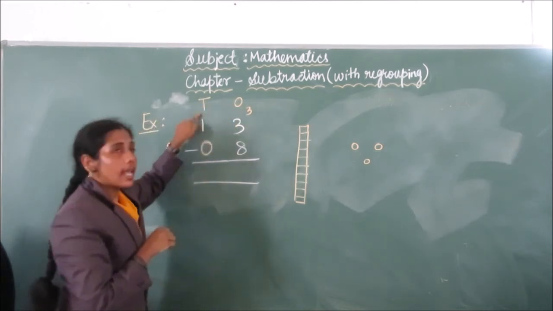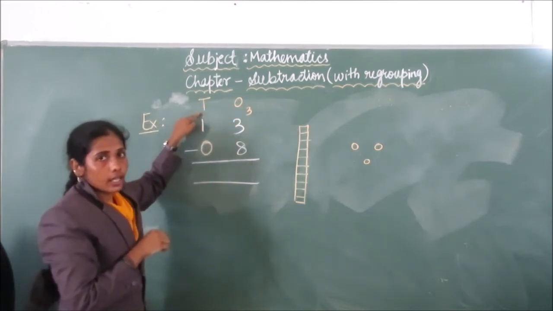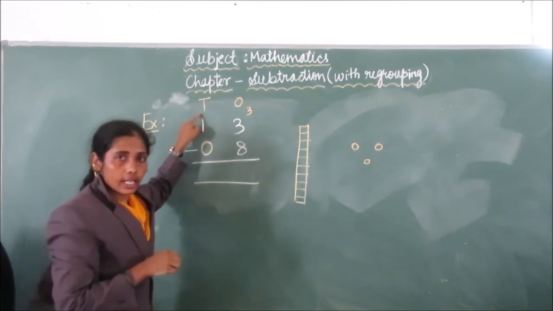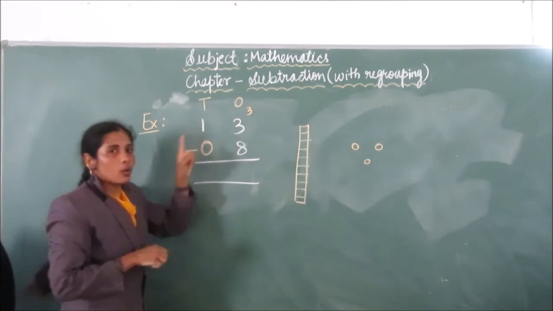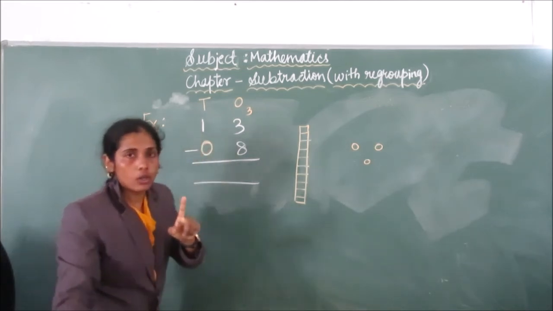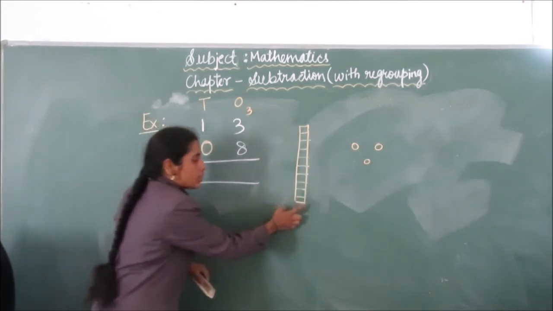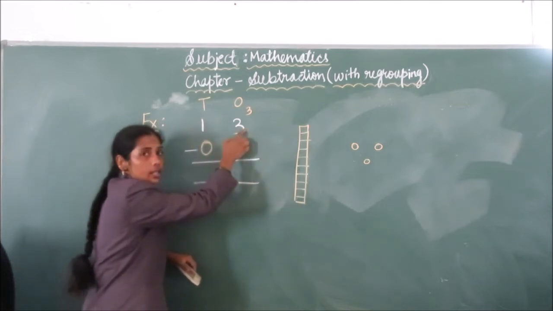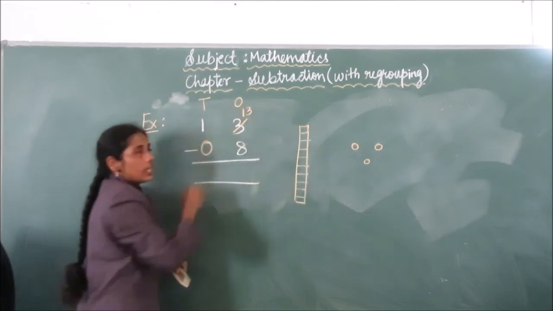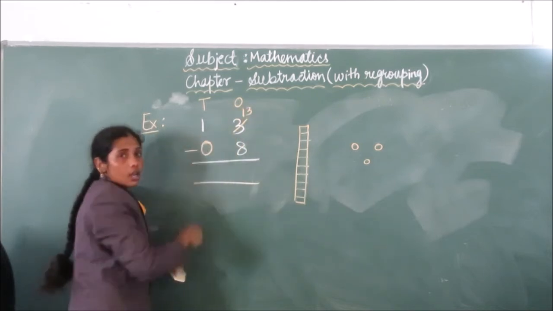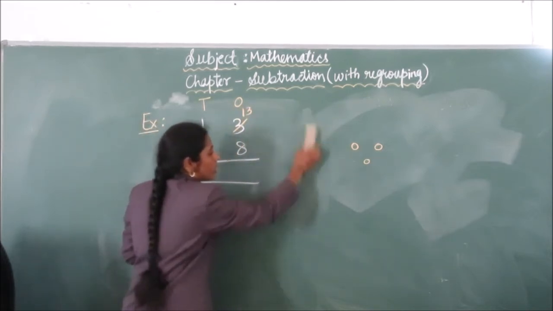If the ones ask for help from the tens, the tens will give. The friend, the tens, will give you one bundle. He has only one bundle of ten right now. So if this bundle of ten is given to the ones, the 3 will become 13. What about this? He already gave to the ones place, no?